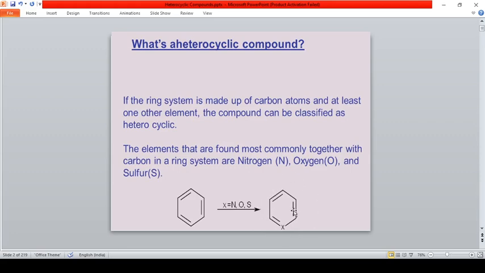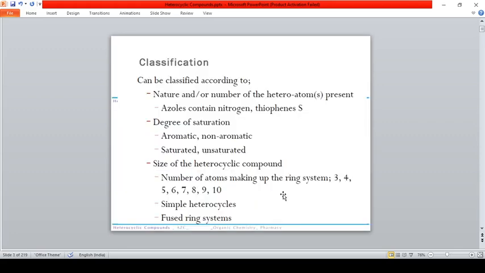Alright, so pyridine is a simple heterocycle. Now, what are fused ring systems? Fused ring systems are systems in which more than one ring is fused together. I'll show you an example of a fused ring system in the next slide.